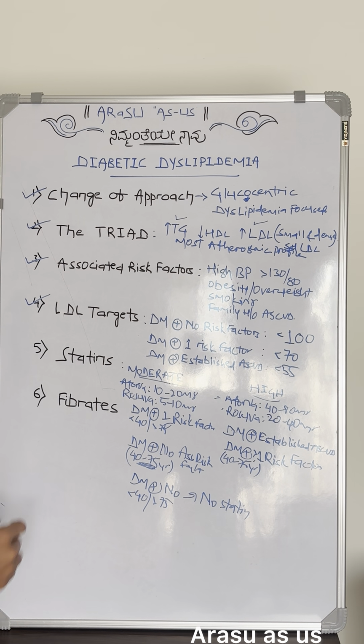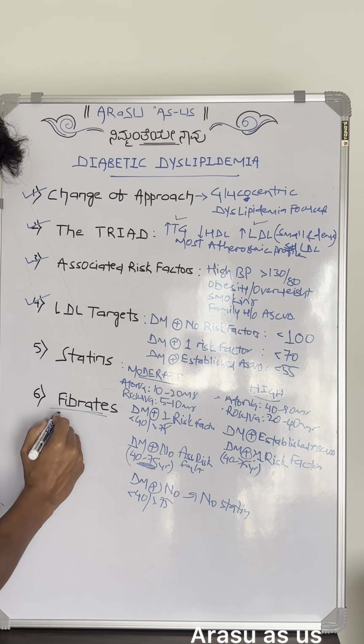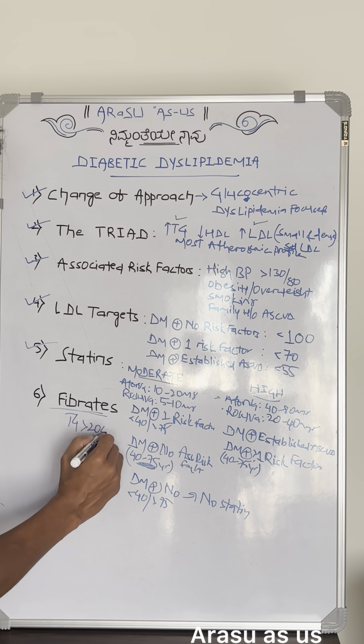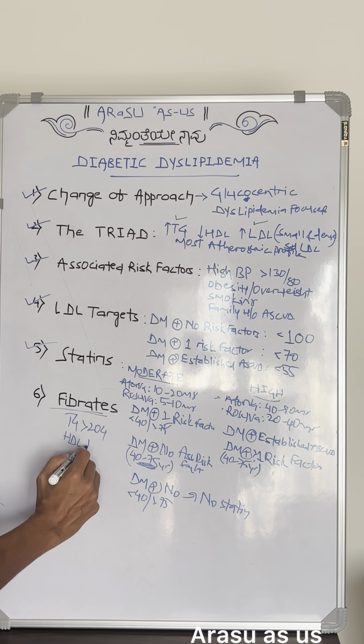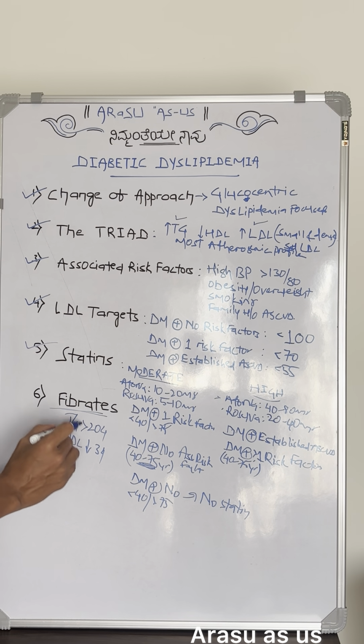Coming to fibrates, when to consider fibrates? Once we get the fasting lipid profile, if triglyceride levels are more than 204 and the HDL level is less than 34, then we can add fibrates to the statins.